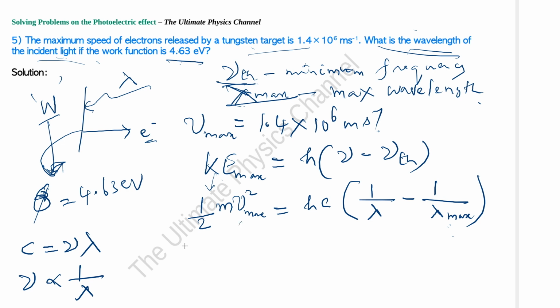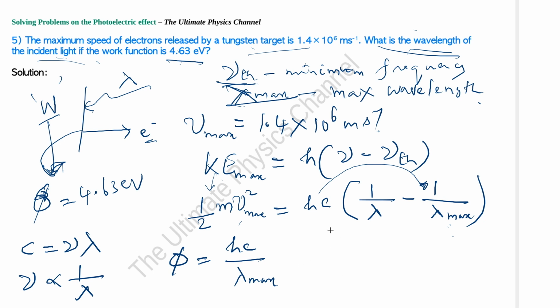So first, let me proceed. We need hc over lambda, right? Phi is hc over lambda max. If you take inside, that is the phi, right? So hc over lambda max.